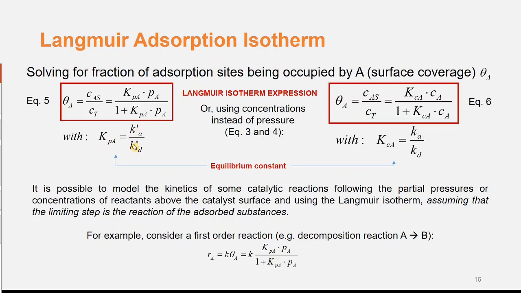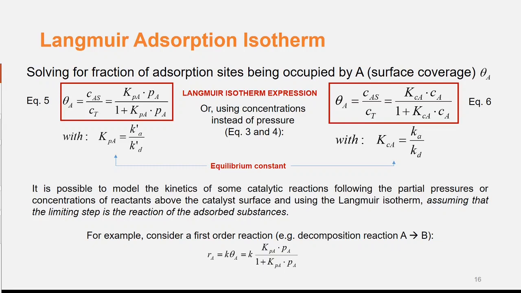As I said before, the Langmuir isotherm describes only adsorption and desorption and not surface reaction. Do not confuse it with the Langmuir-Hinshelwood mechanism, which comprises adsorption, surface reaction between two adsorbed reactants on catalyst surface, and desorption.